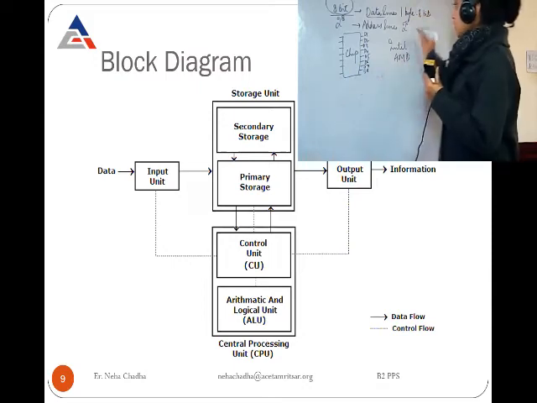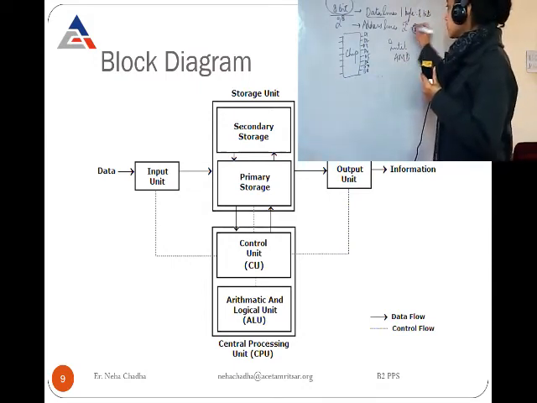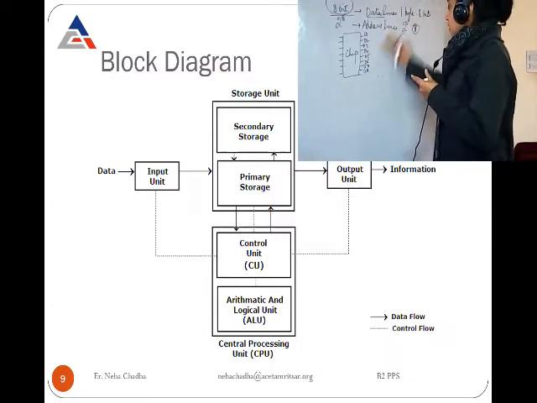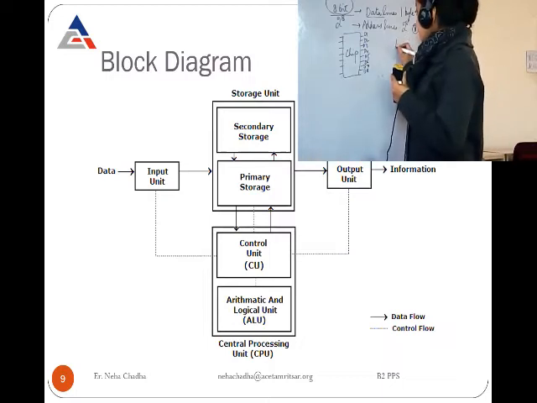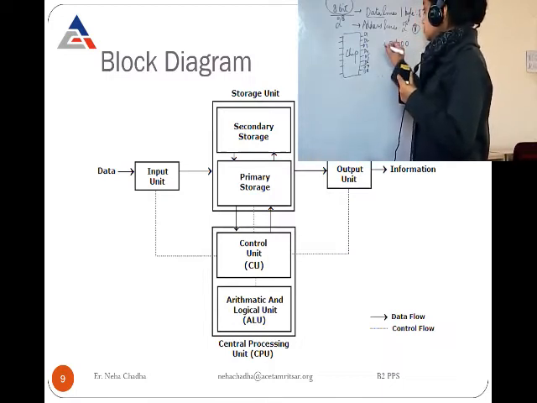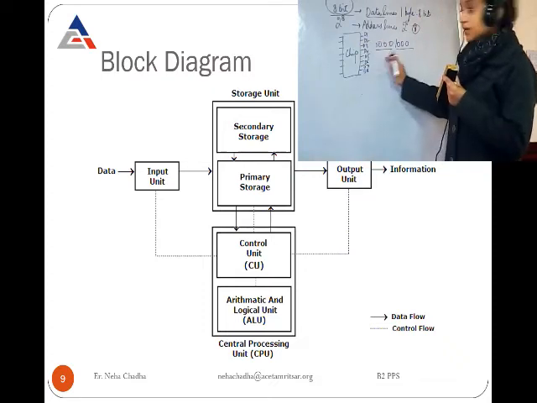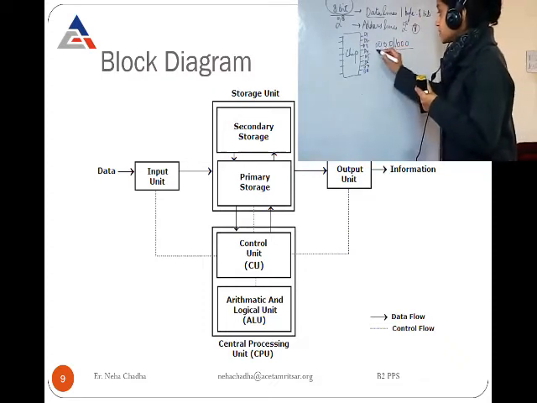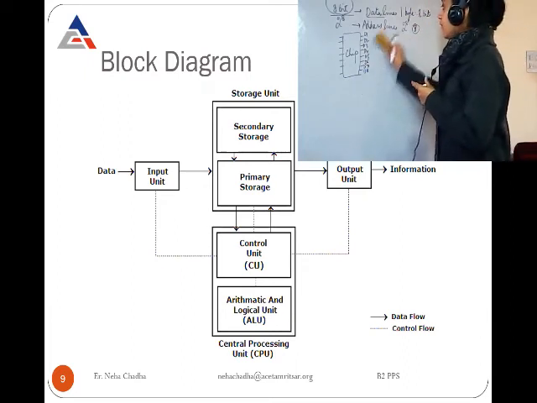I want to enter 8 here. If I convert this 8 into binary, it will be 0 0 0 0 1 0 0 0. This is the binary format of 8. Why have I prefixed 4 zeros before the 8? Because the binary of 8 is 1 0 0 0.